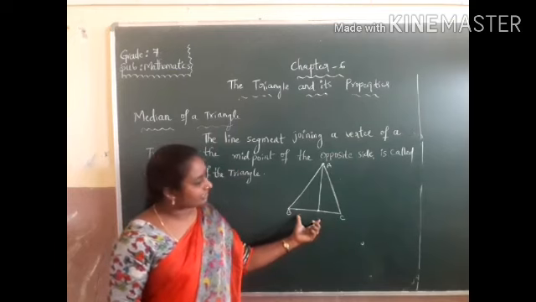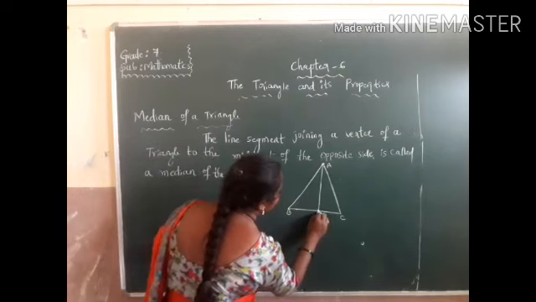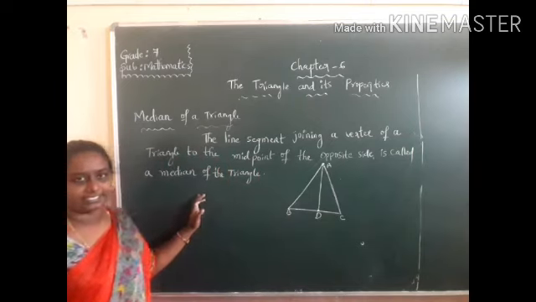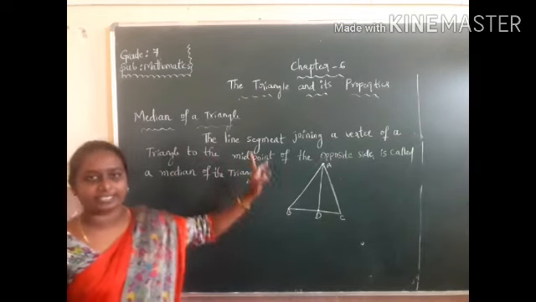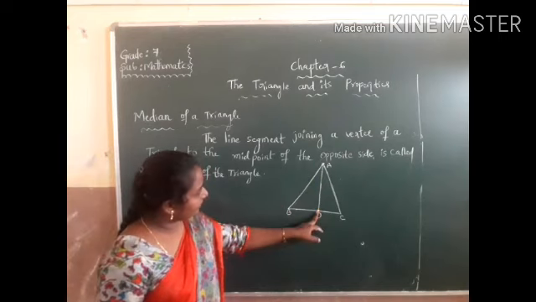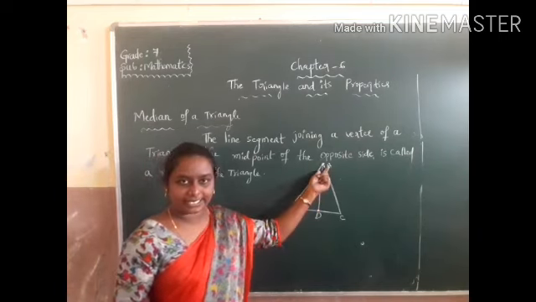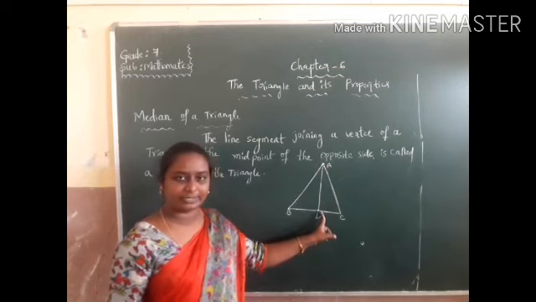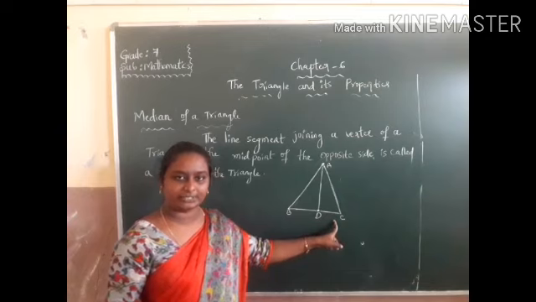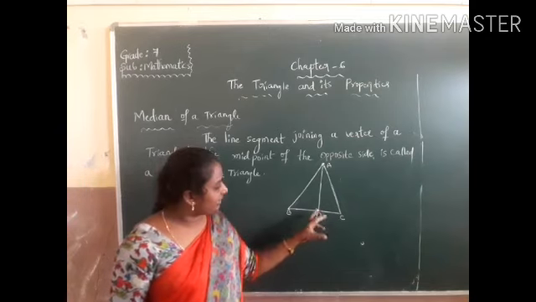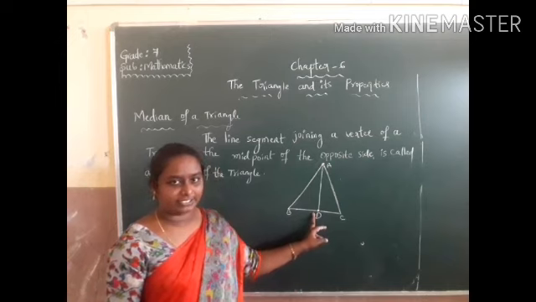BC. So here the midpoint of the opposite side, that line segment is the median of a triangle. A vertex of a triangle joined by a line segment to the midpoint of the opposite side BC is the median of a triangle.